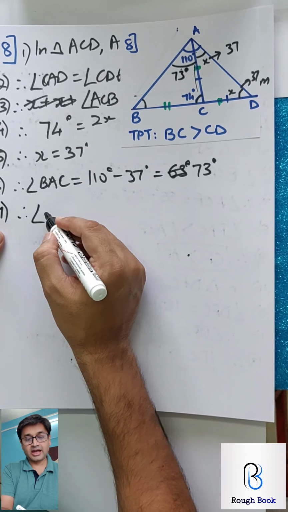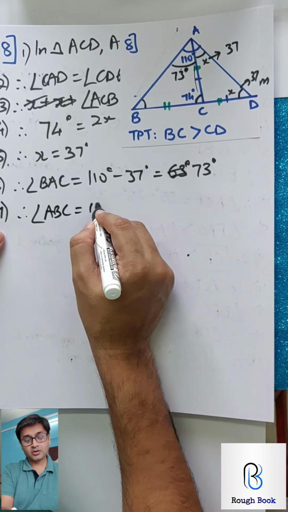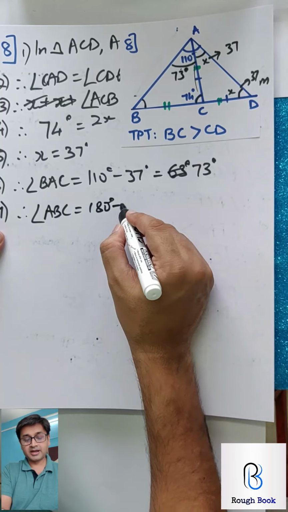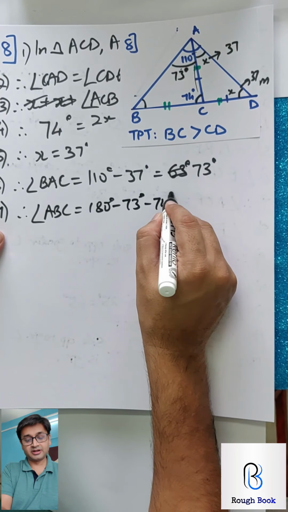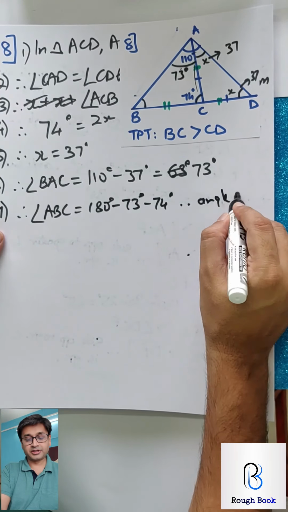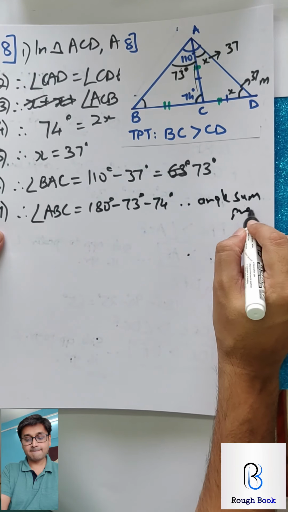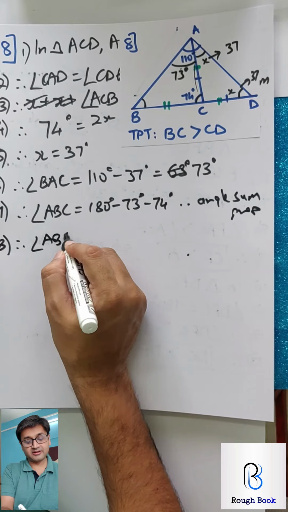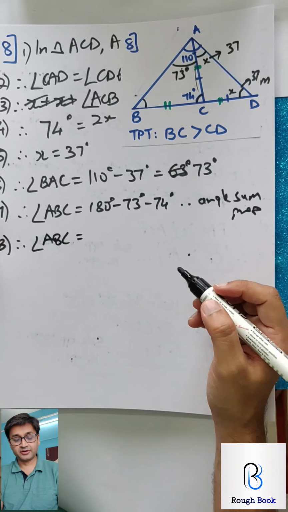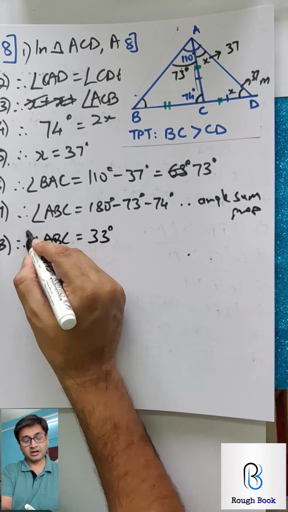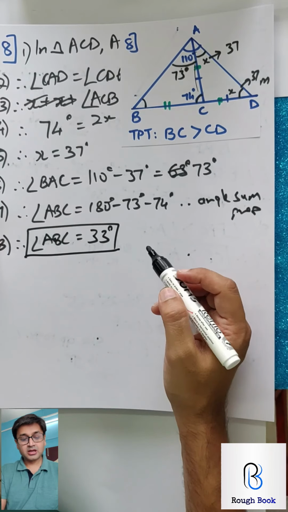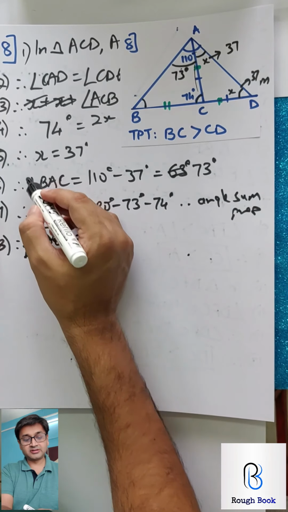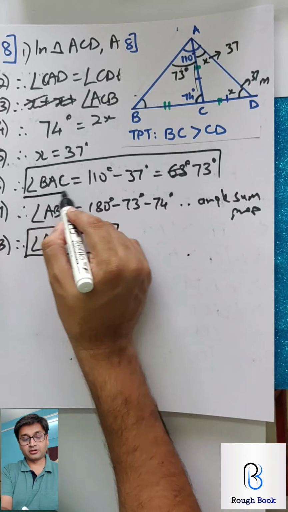Therefore angle ABC is 180 minus 73 minus 74, angle sum property. Finally angle ABC should be 33. So we got this, both very important for us.